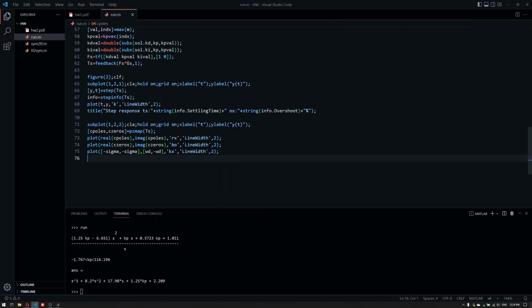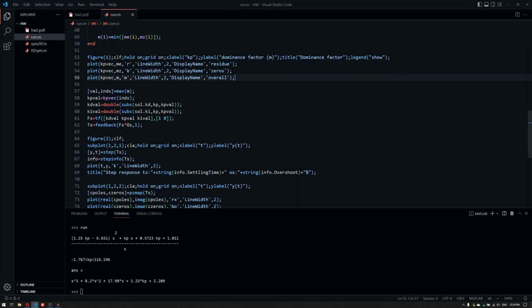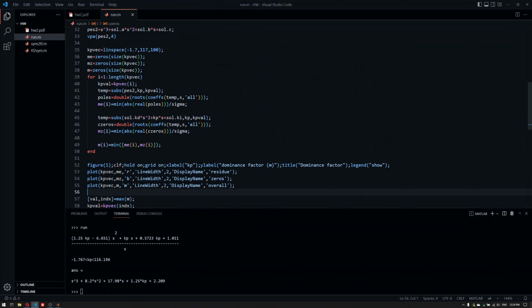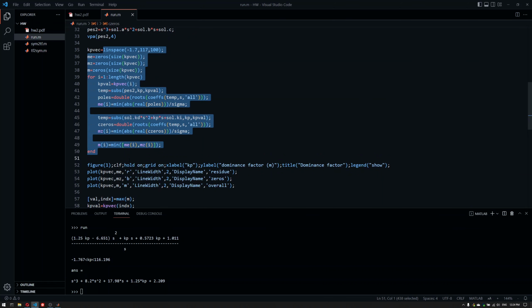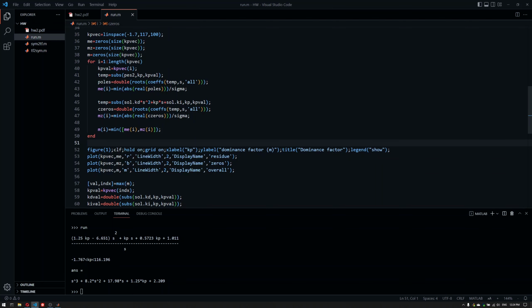We can actually see something more about the system and examine it using something else. Here we kind of used the tabulation methods because we calculated the dominance factor numerically. But we can also use something else. We have already a tool for it, because if you look close here, we have PES in terms of KP.